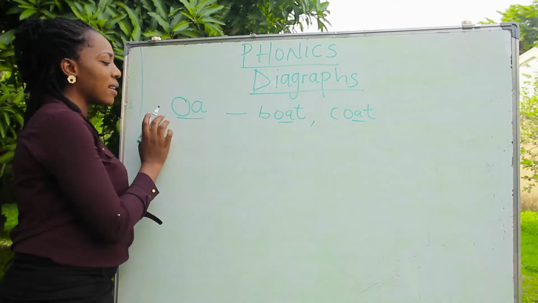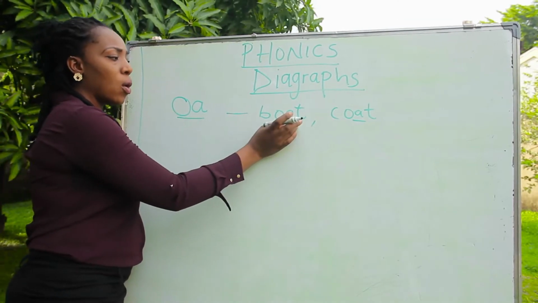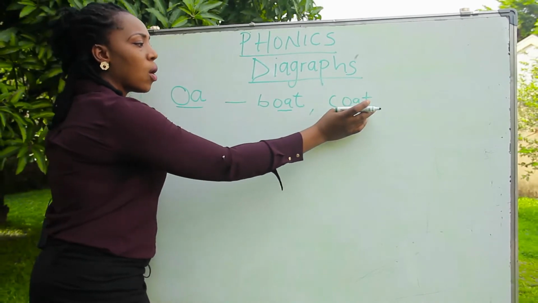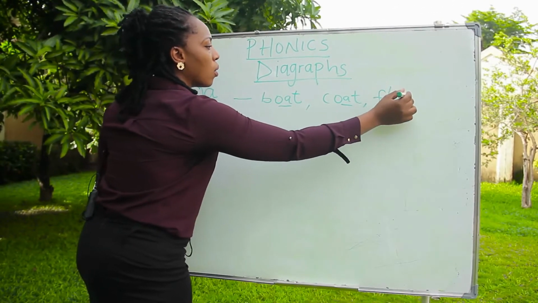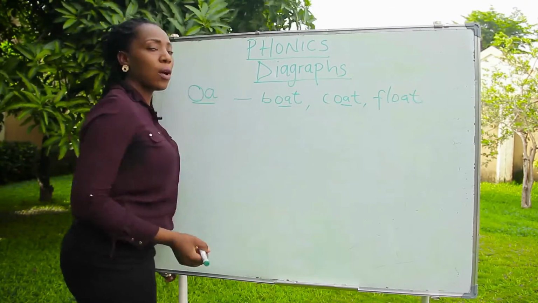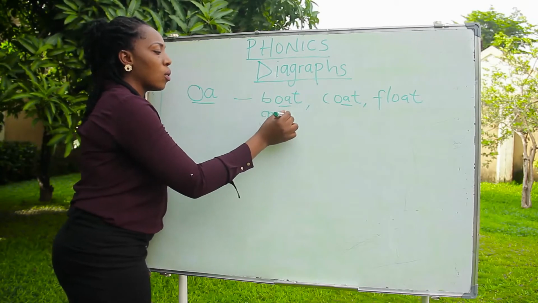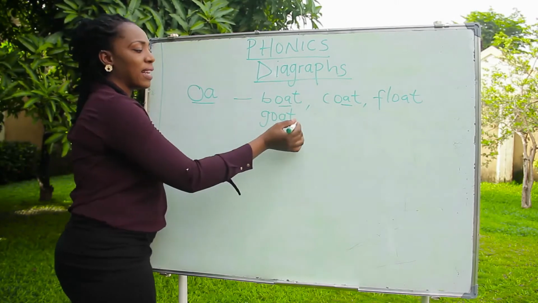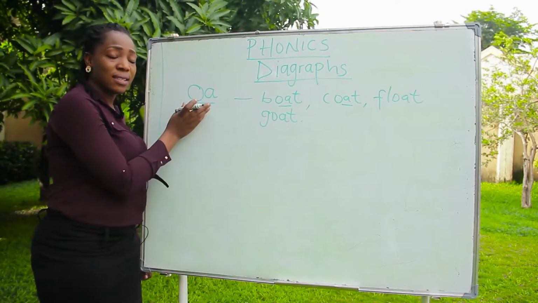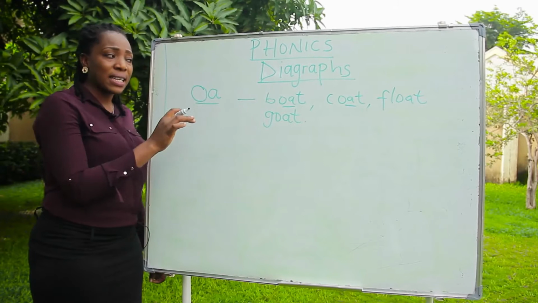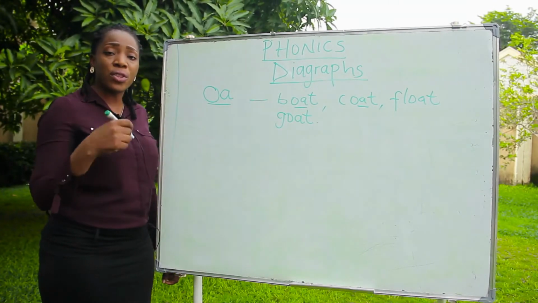F-l, oat, float. G, oat, goat, etc. You can think of other words that have this digraph, blend it, and add other letter sounds to produce the word.